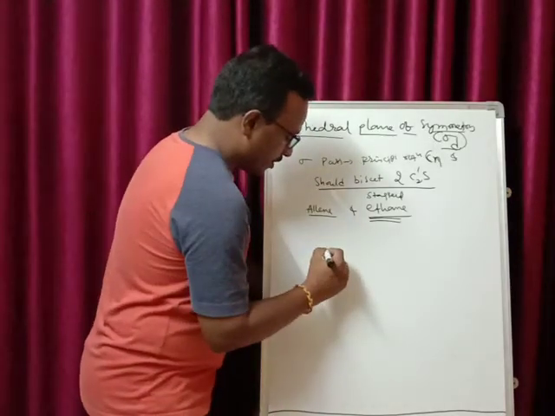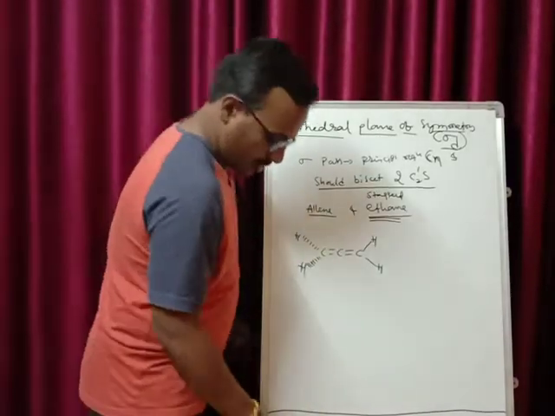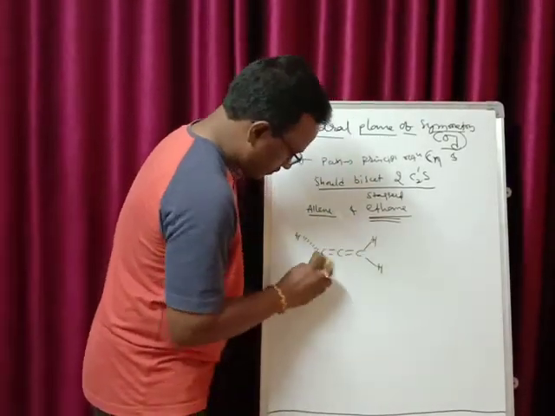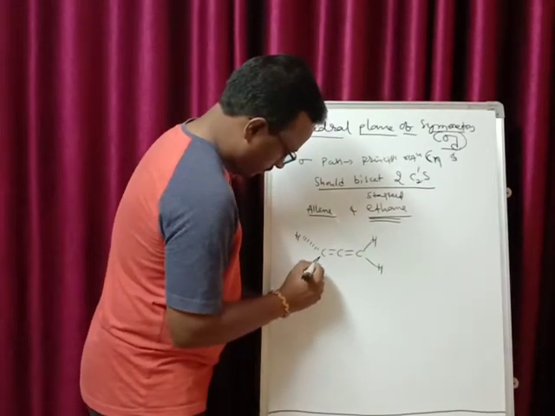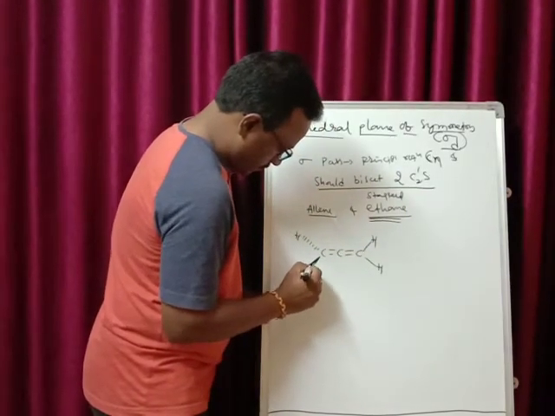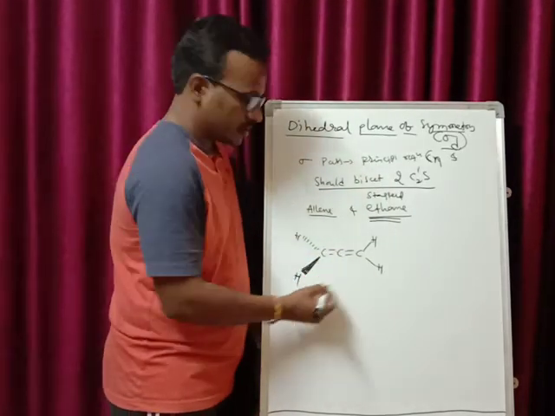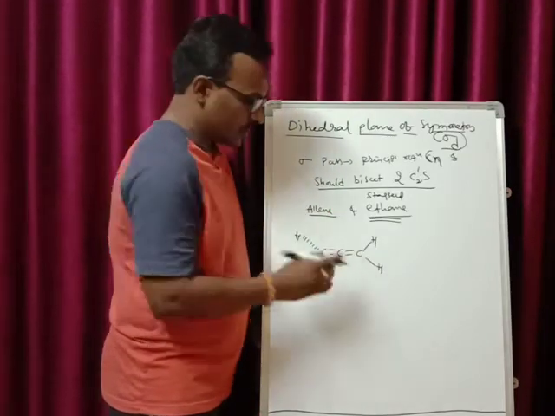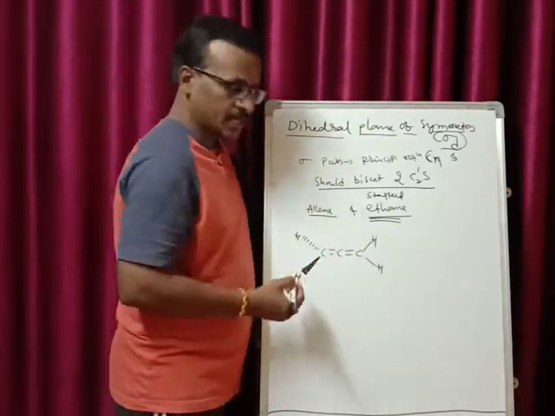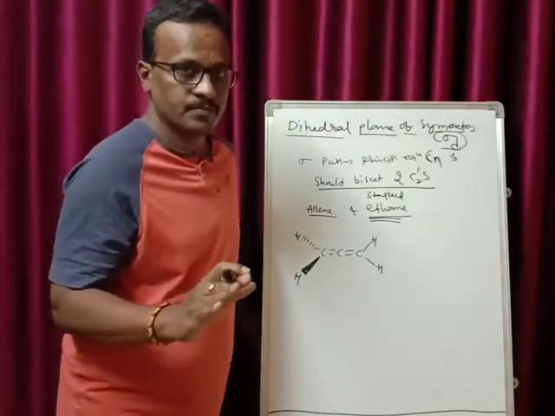Right. In case of your allene molecule, there are three carbon atoms. The terminal carbons are attached with two hydrogens each. Actually, the terminal hydrogen atoms of this carbon and of this carbon are not in one plane.